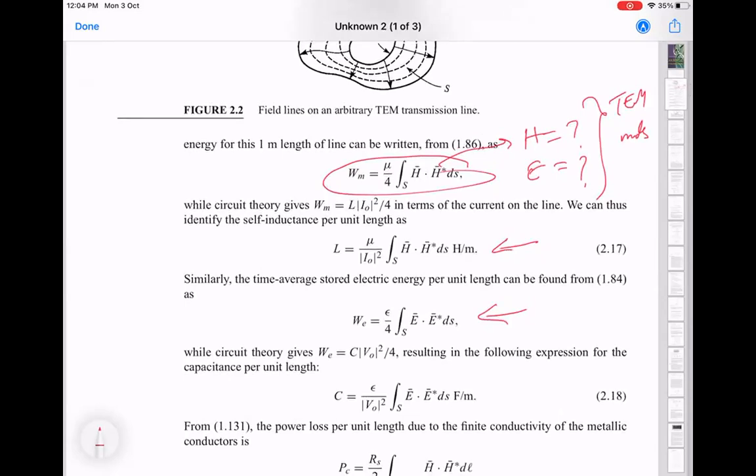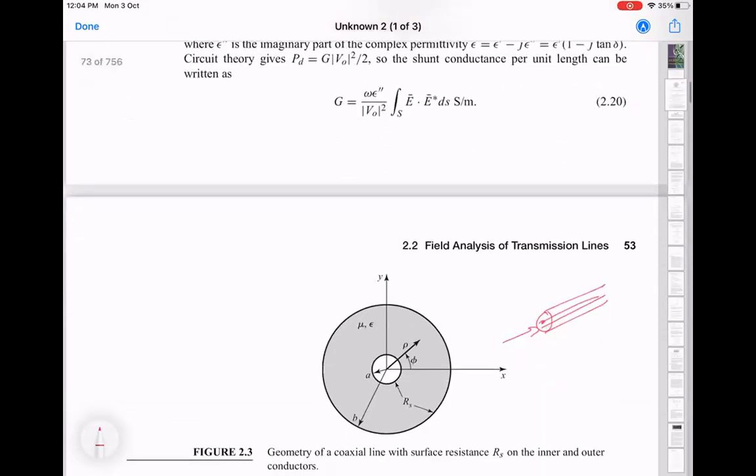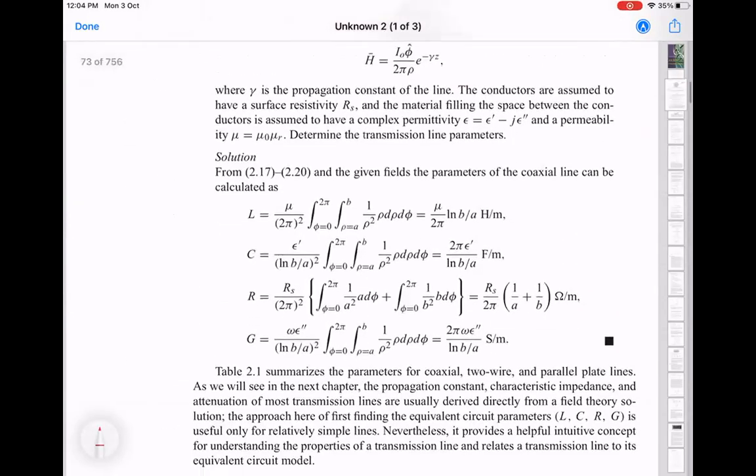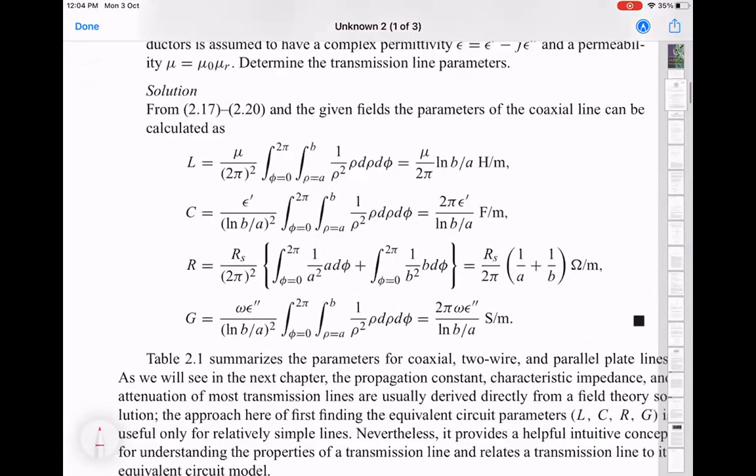But essentially, you compute the magnetic part of the energy and equate it to Li square over 4. Again, these are all per unit length in a small section. And then from that, you can get these kind of expressions for the coaxial line.